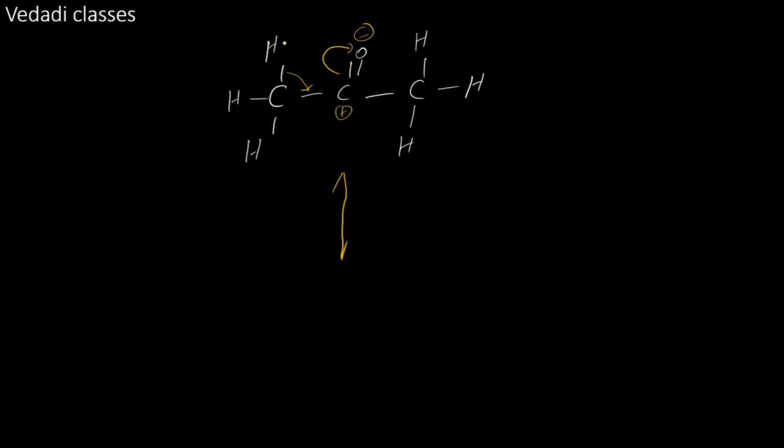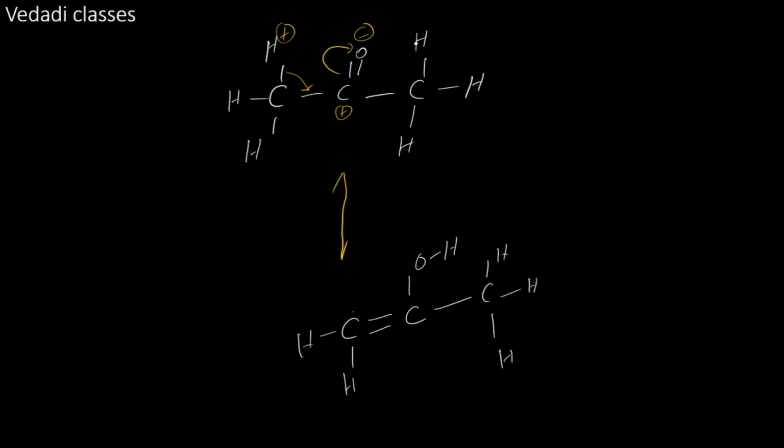To compensate, the double bond will come here, and it will develop a plus charge over here. H will get transferred over here. So the structure will be just like this: CH2, a double bond over here, and the COH, and it will remain the same CH3. It will not change. Only transfer of one proton will take place from here.